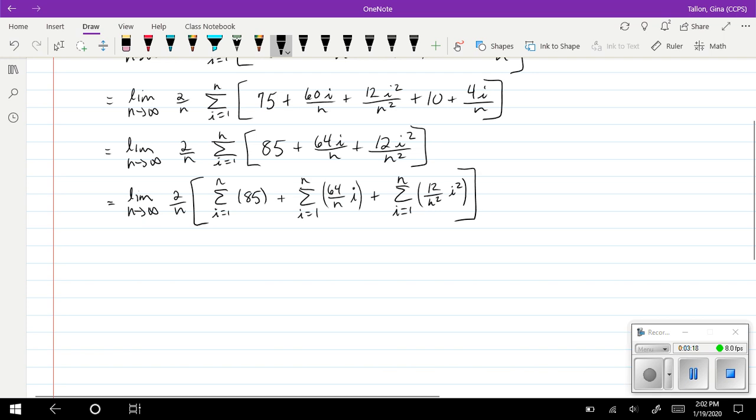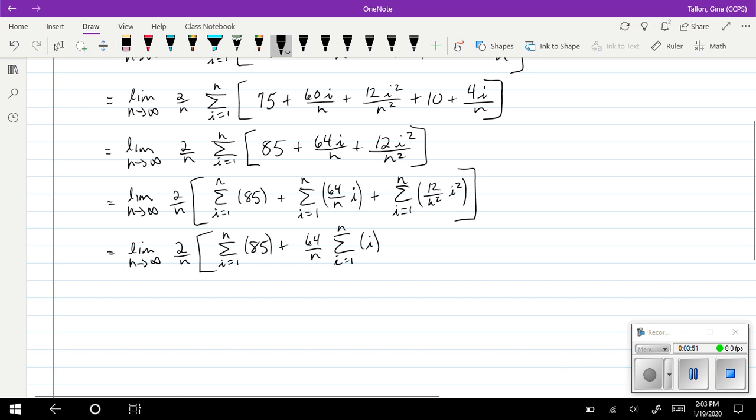Close my bracket. Now one more step to clean this up is to take my constants to the left of the summation, with the exception of the 85. I want to leave that right where it is just because I like the looks of it right there. This is the limit as n approaches infinity of 2 over n multiplied by the summation as i goes from 1 to n of 85, plus I'm going to take the 64 over n outside of my summation as i goes from 1 to n of i.